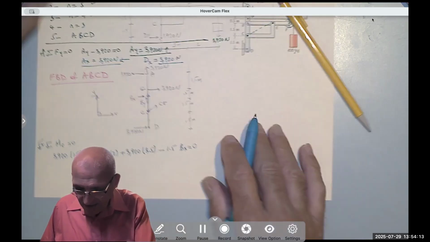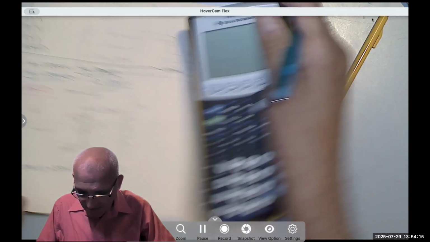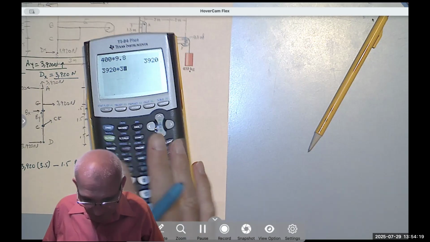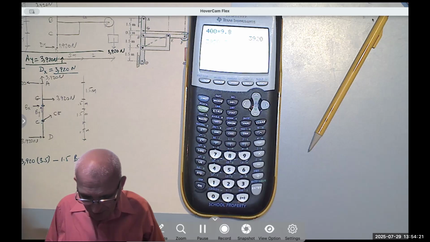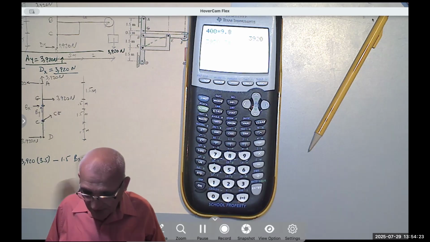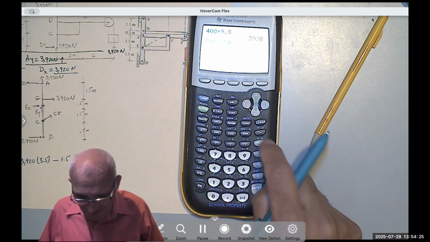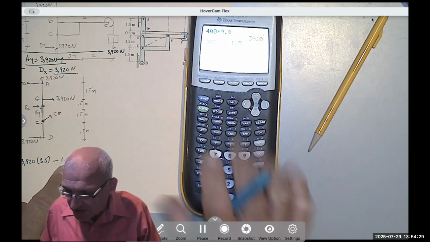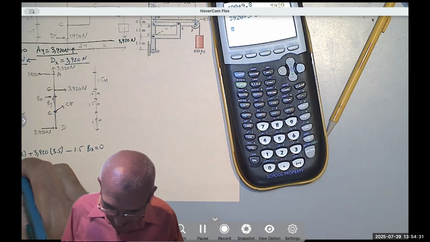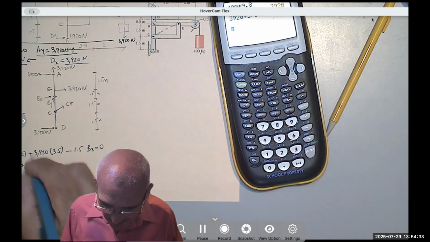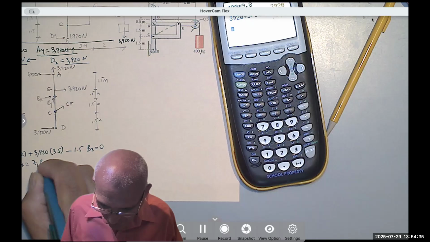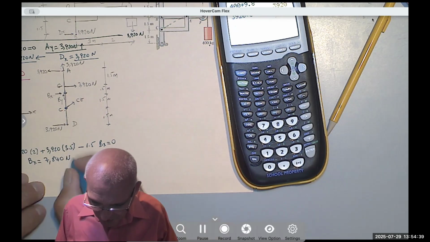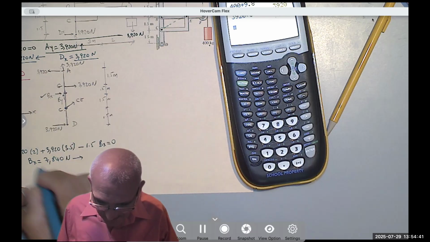So 3920 times 3, when you move this to the other side, it becomes positive 1.5 Bx, and you divide by 1.5 to get Bx. Or just do the math and you will get Bx is twice as much as that, 7840 Newton. Positive meaning it is to the right. So we found that.